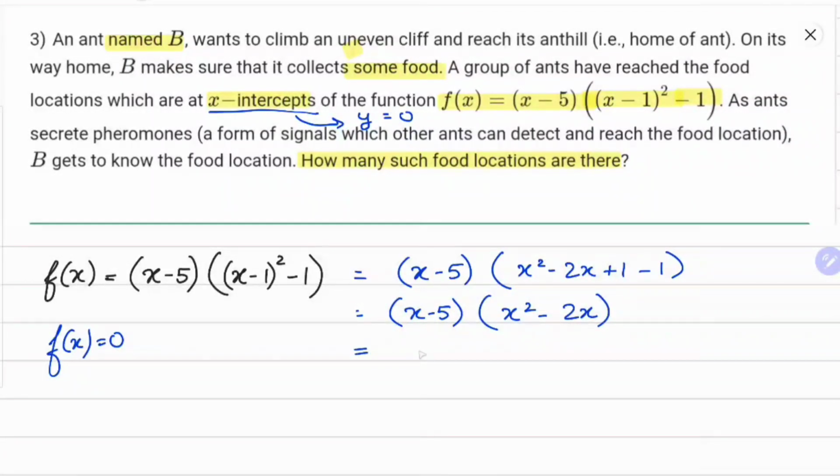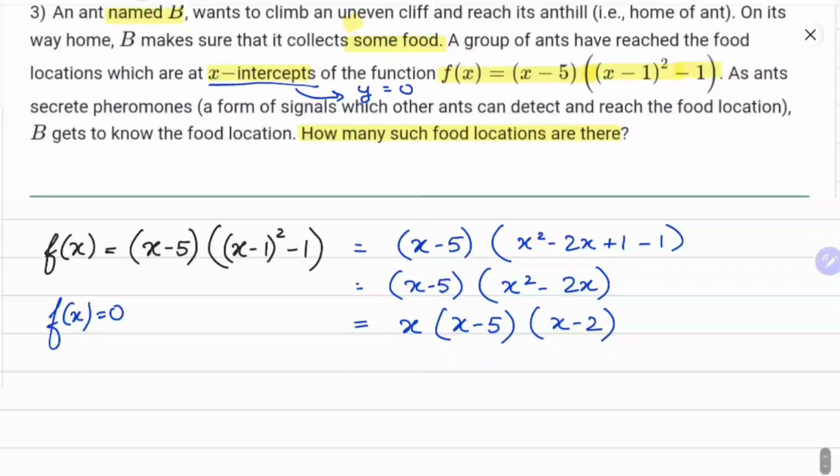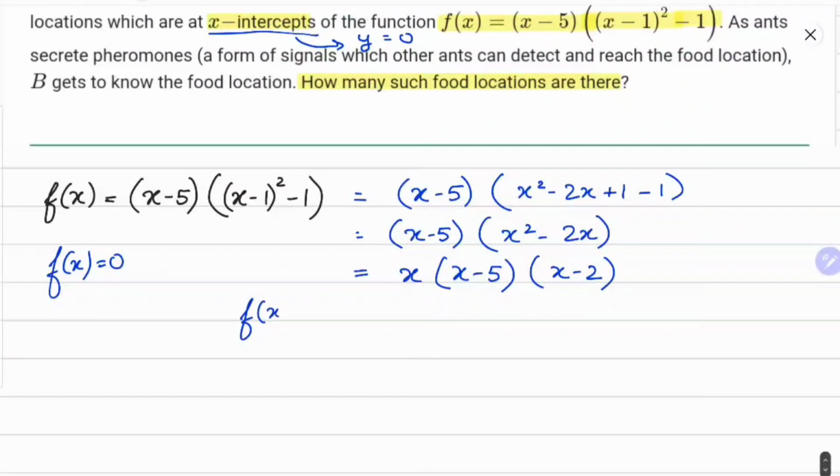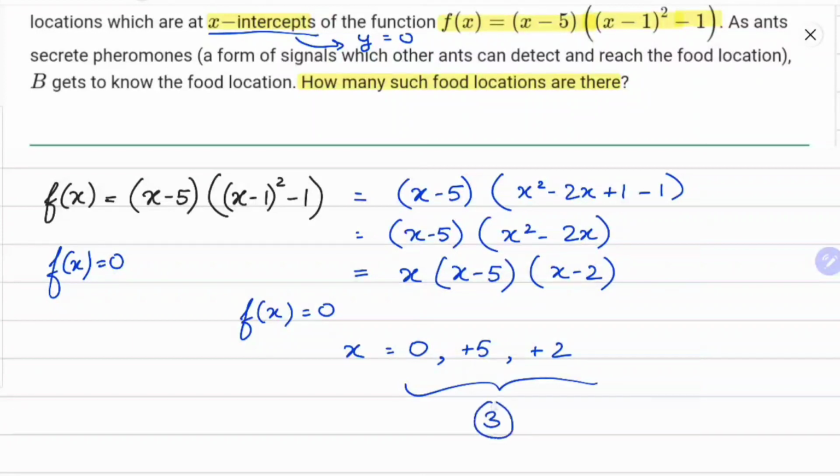Now we can take out x as common, and this comes out to be x(x minus 5)(x minus 2). So we can clearly see that f(x) equals 0 has solutions x equals 0, 5 and 2. So basically there are 3 such food locations that we can figure out. So our answer is going to be 3.